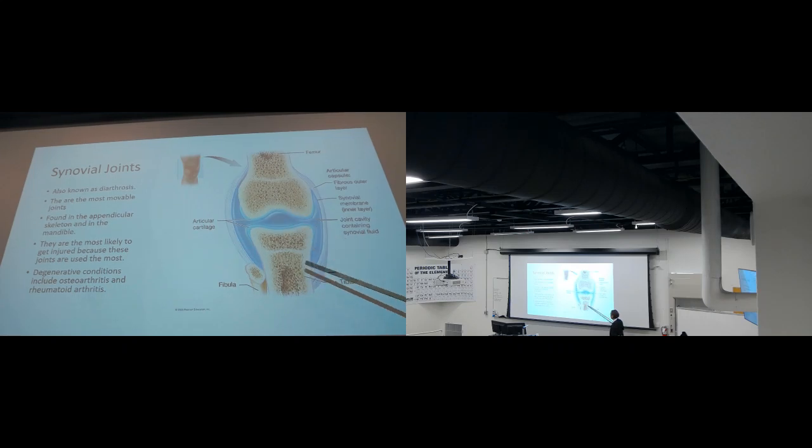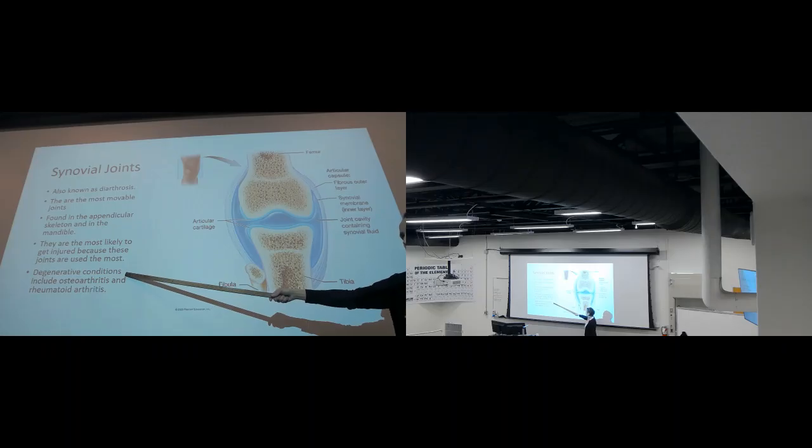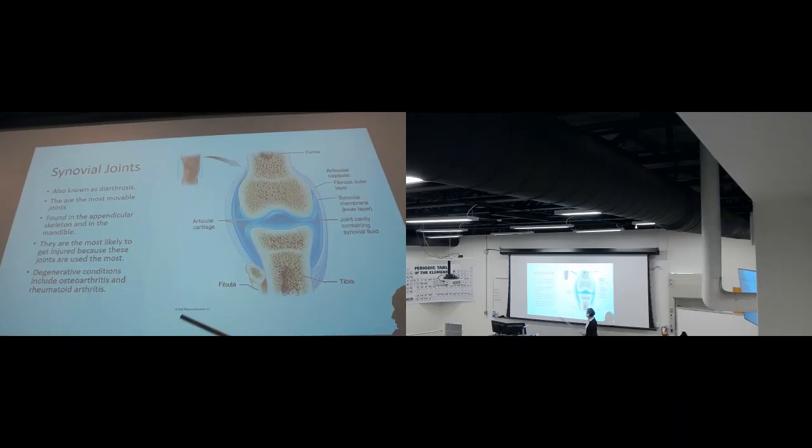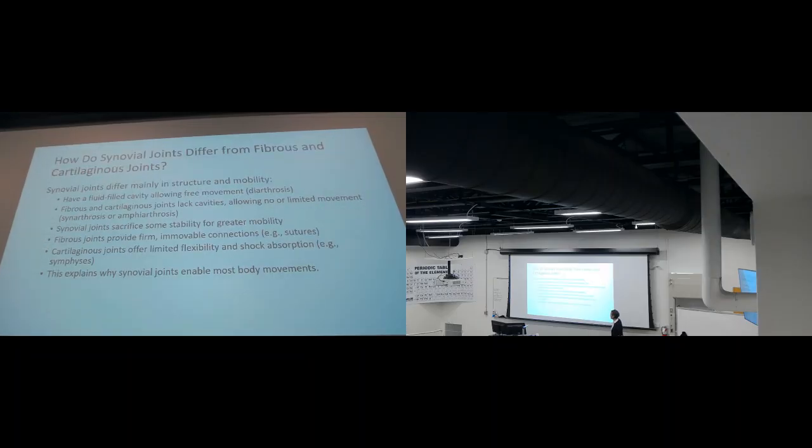And here we have the capsule that fuses with the periosteum of the bones. And then the degenerative conditions, as I was explaining before, like osteoarthritis or rheumatoid arthritis, make these bones get in contact with each other, and then you have damage.